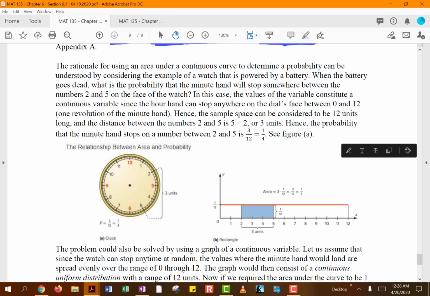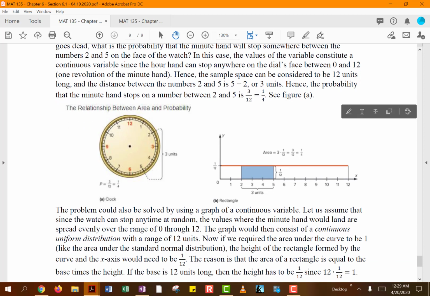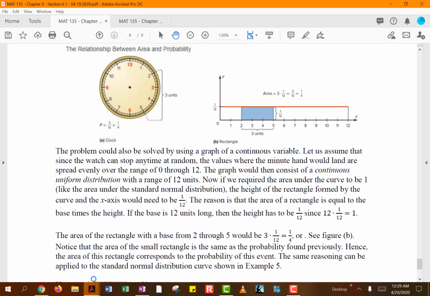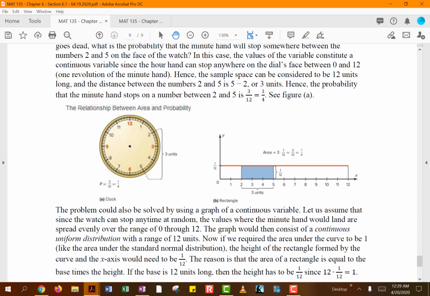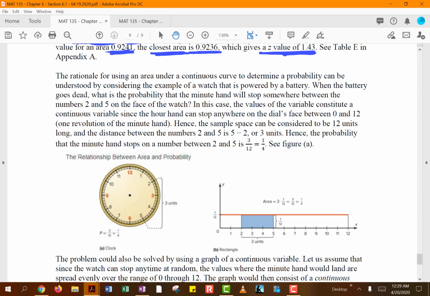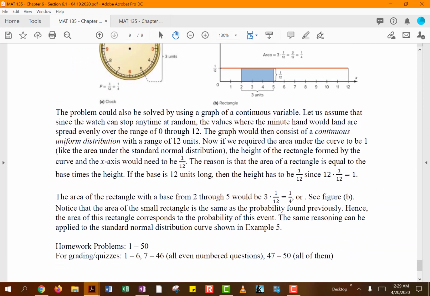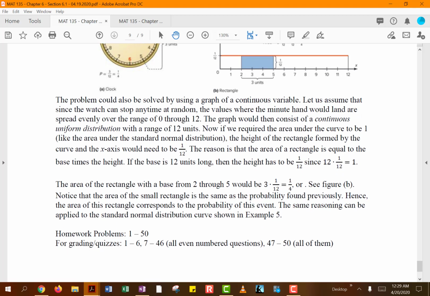They're using that example and expanding it to this rectangular space, giving you that same total area of 1, like our normal distribution curve. I would definitely encourage you to look through this explanation of how it is possible to find the area under our curve.